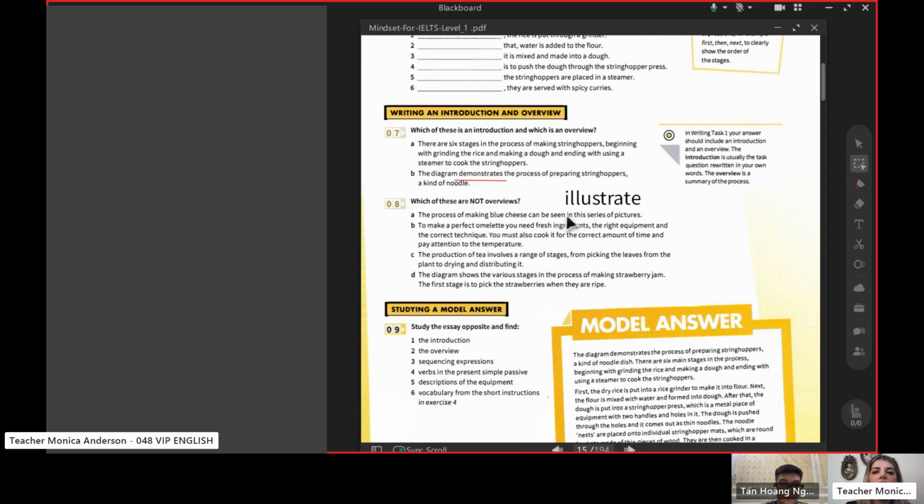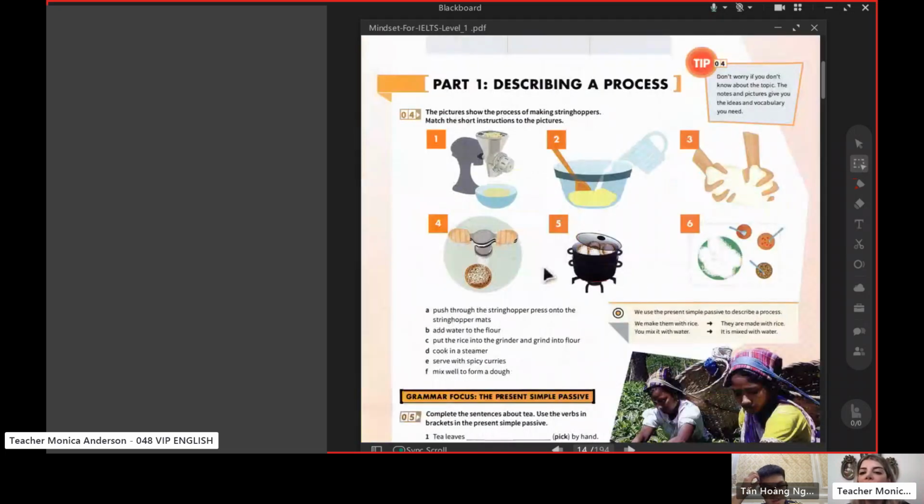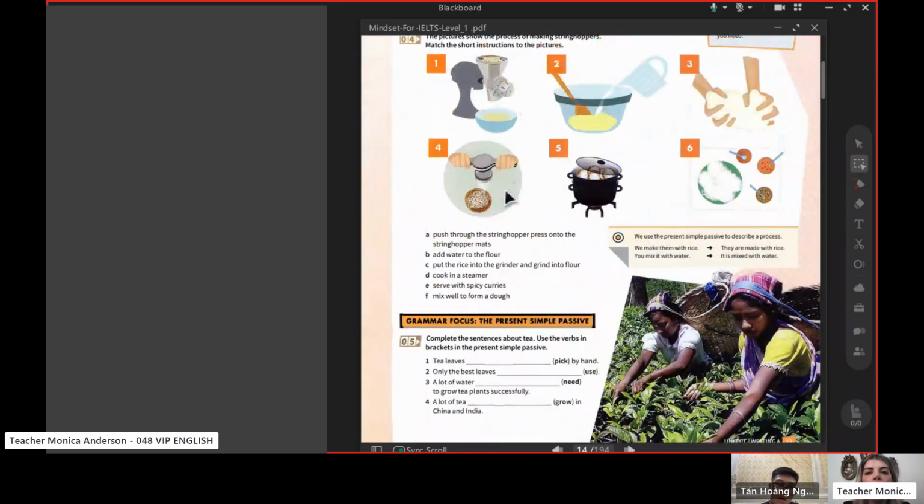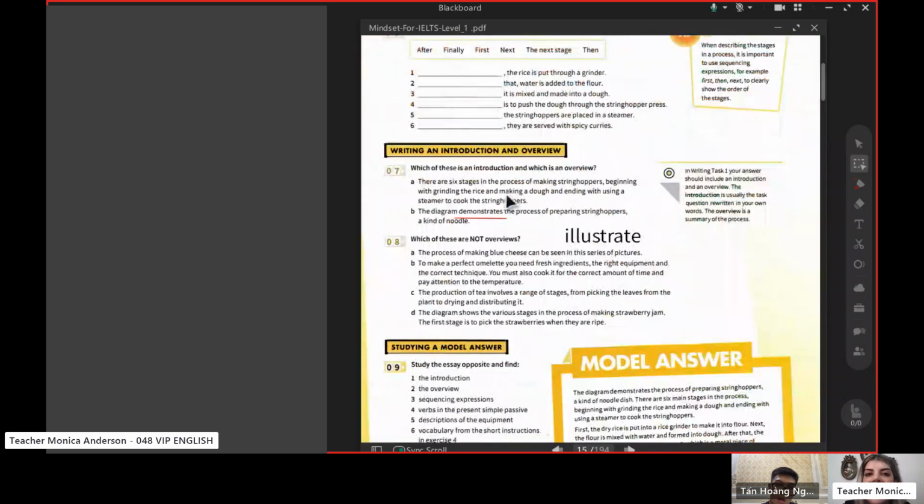For example, the process of making omelets or string hoppers contains 6 stages that begin with, for example, the first one, and end with, for example, this one. But here we are talking about something in general. So generally, it means that we don't give any details in an overview.